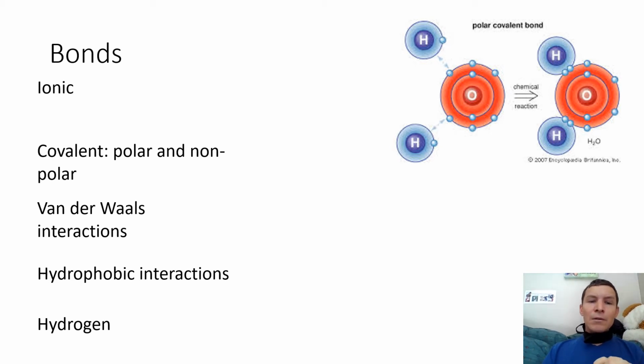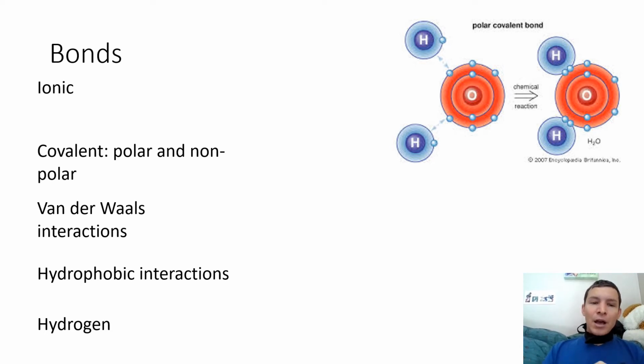Also, there are van der Waals interactions, which are a weaker type of bond, and that bond is used to help explain things like why a newt or gecko is able to climb on the glass, because it has temporary bonds based on those molecules zipping across each other and creating temporary static charge clinging.